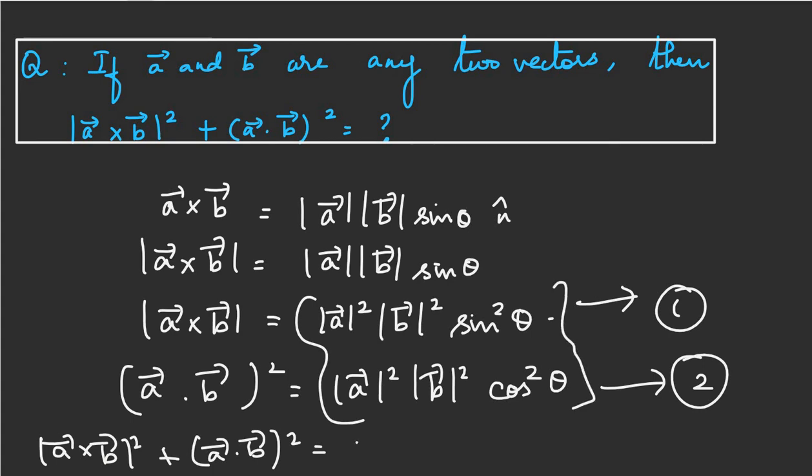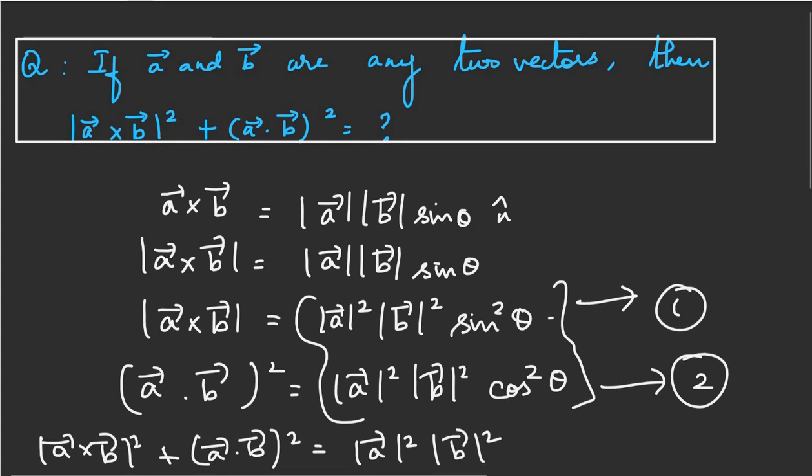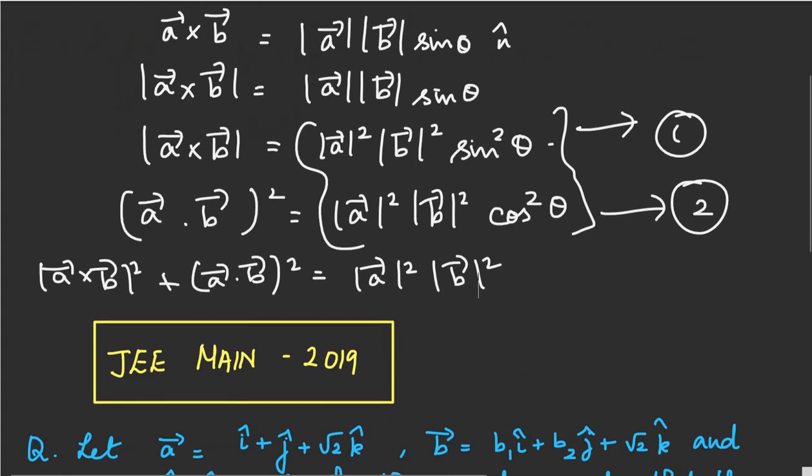Mod of A square B square is common, taking out modulus of A vector squared, modulus of B vector squared. Then we get sine square theta plus cos square theta, which is equal to 1.